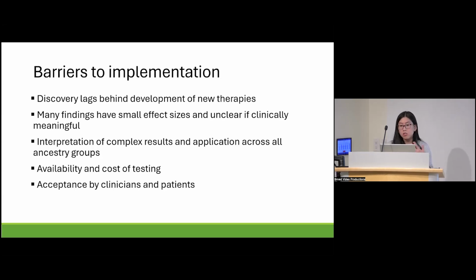There are also issues with availability and cost of testing. The cost over time has diminished greatly, so that's one benefit that has happened over time. And then we also need acceptance of this by patients and clinicians. We need to have protections in place for patients if they're going to have this data and have genotyping done.